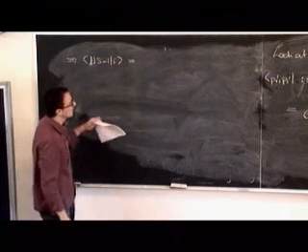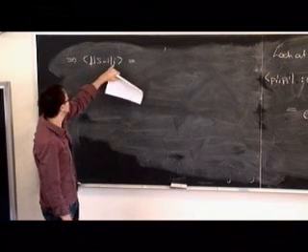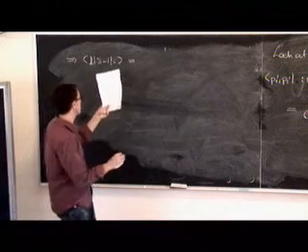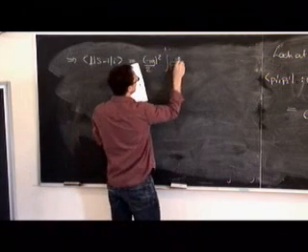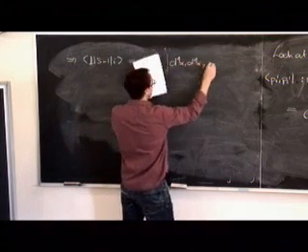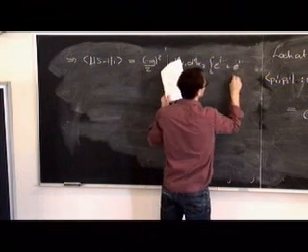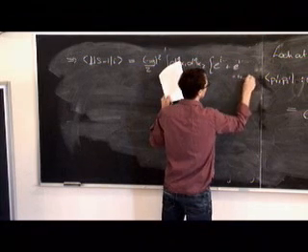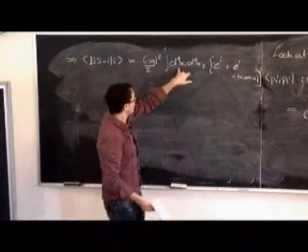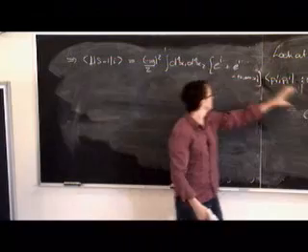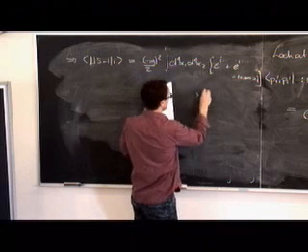So plugging all this in, if we compute the amplitude for this initial state to go to the final state at order g squared, what we get is minus i g squared over 2 times the integral over d4x, all of these exponentials plus the x1 minus x2, times by the propagator.